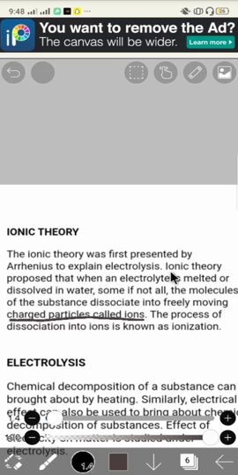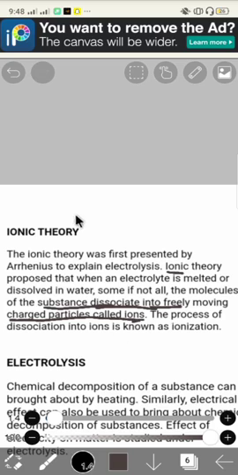So this shows that before electrolysis can take place, there has to be dissociation. That means the substance has to dissociate freely to produce what we call the ions.